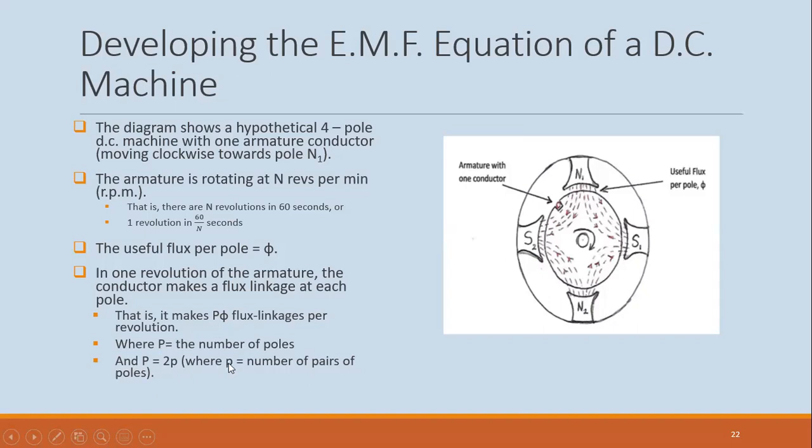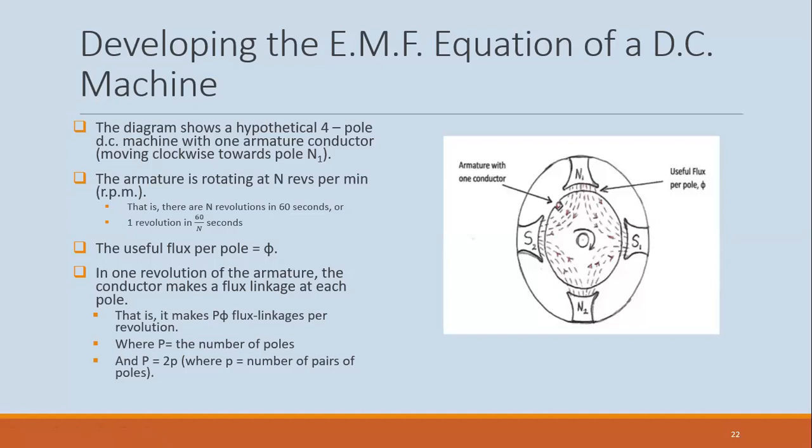Now, it is usual in the textbooks to say the number of pairs of poles instead of the number of poles, because a pole cannot exist by itself. There's always a pair, right? So the number of poles would be equal to 2p, where p would be the number of pairs of poles.